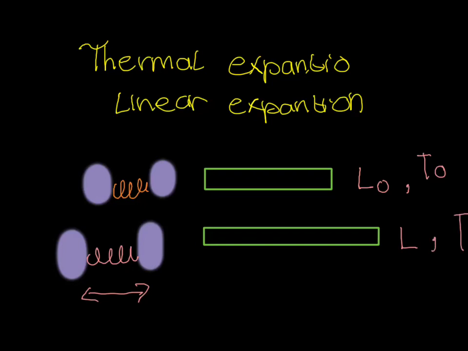So we can write an equation to represent all this. Let me choose a different color, bear with me. The equation is: change in length is equal to a constant, alpha, I'll get to that in a minute, times the initial length times the change in temperature.